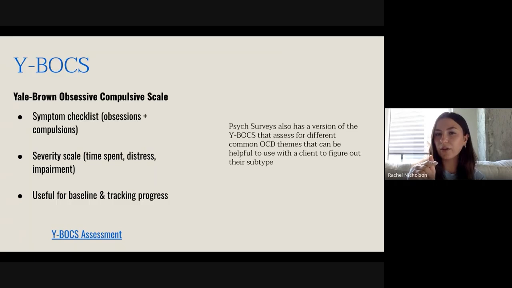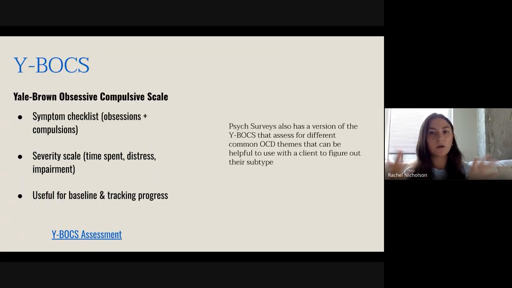And I just added a quick little note here. Psych surveys, I can't remember the exact name of what it is called, but they have a version of the Y-BOCS where it assesses for different common OCD themes. So all of the questions are split up into harm OCD, contamination OCD, sexual orientation OCD, responsibility OCD, etc. And it will ask clients, do you ever experience thoughts about harming yourself or somebody else, and a bunch of other questions.